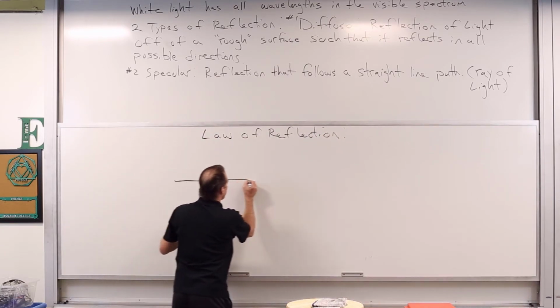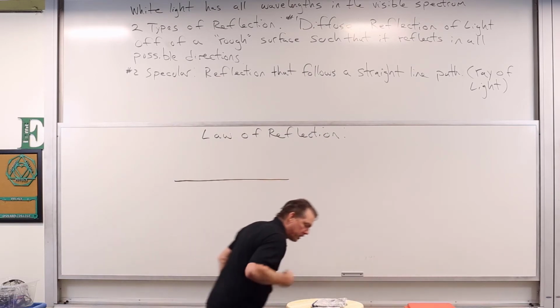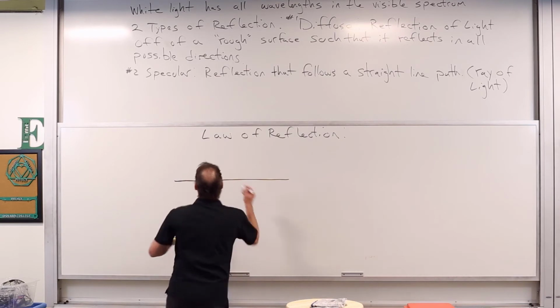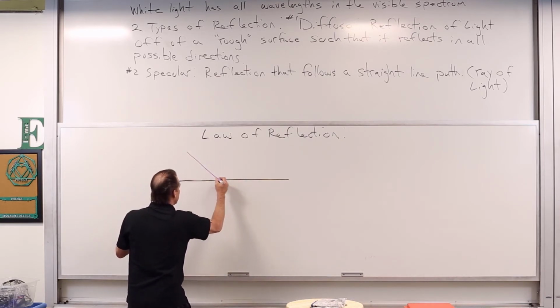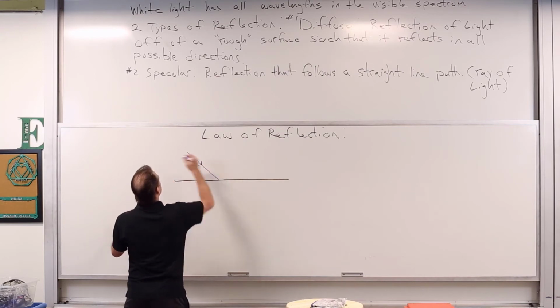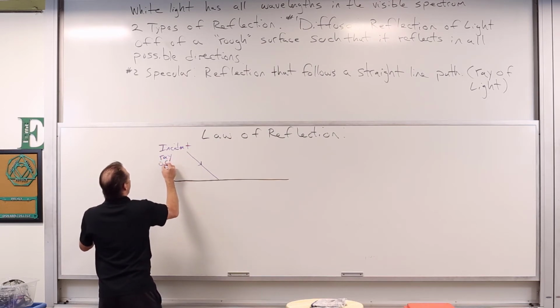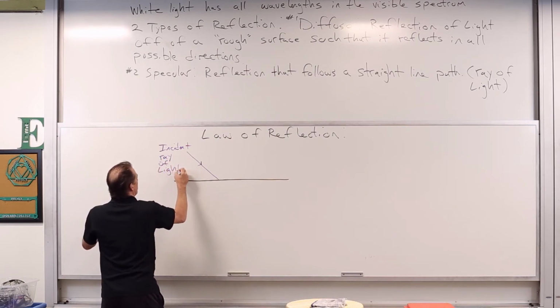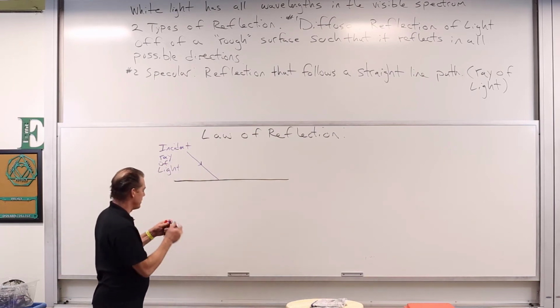So let's take ourselves a surface here. And the law of reflection says that you can have some incident ray of light, beam, if you will. So we got some nice collimated light there, or just one particular path of light that we're considering.